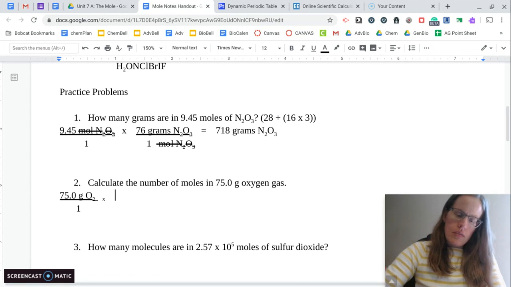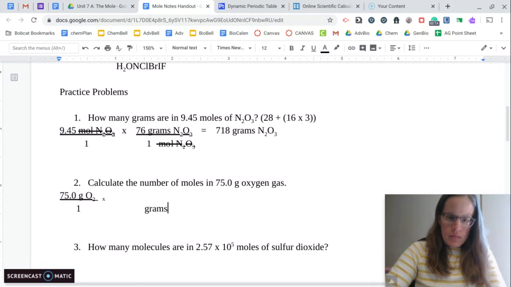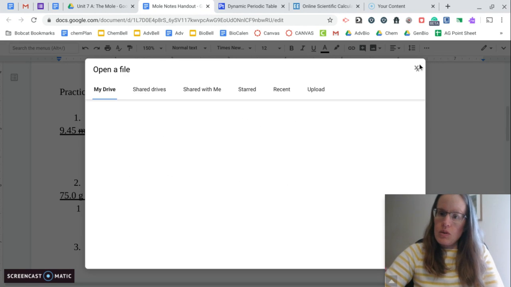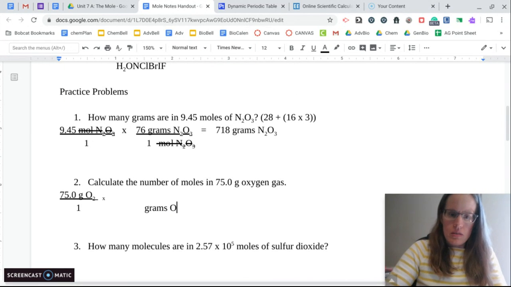Okay, and now I've got grams on top, which means I need grams on the bottom. So it's the same thing as this conversion factor, except I'm just flipping it around, and I'll have to make it specific for oxygen. O2, that's what I was trying to do.